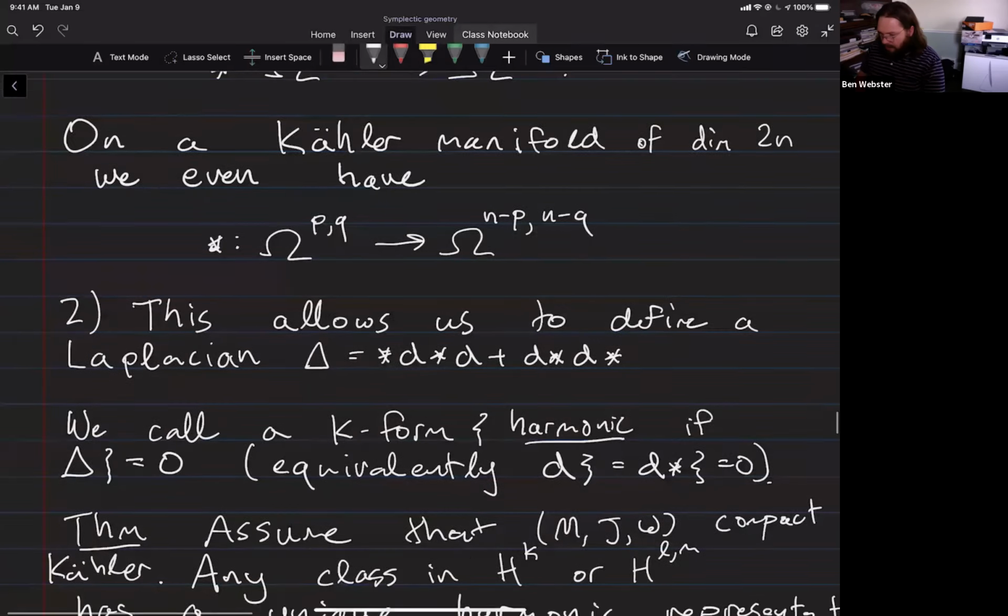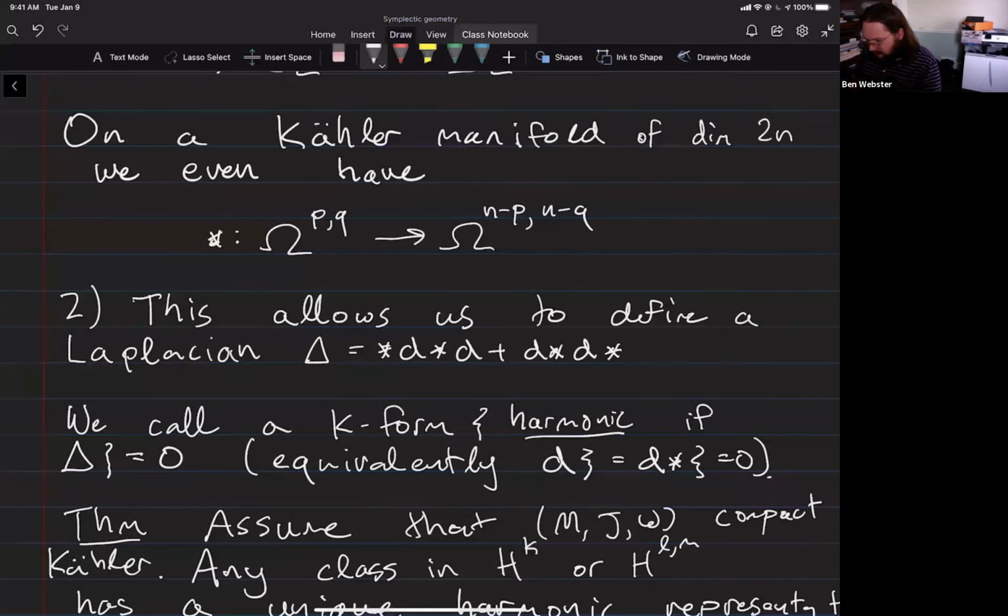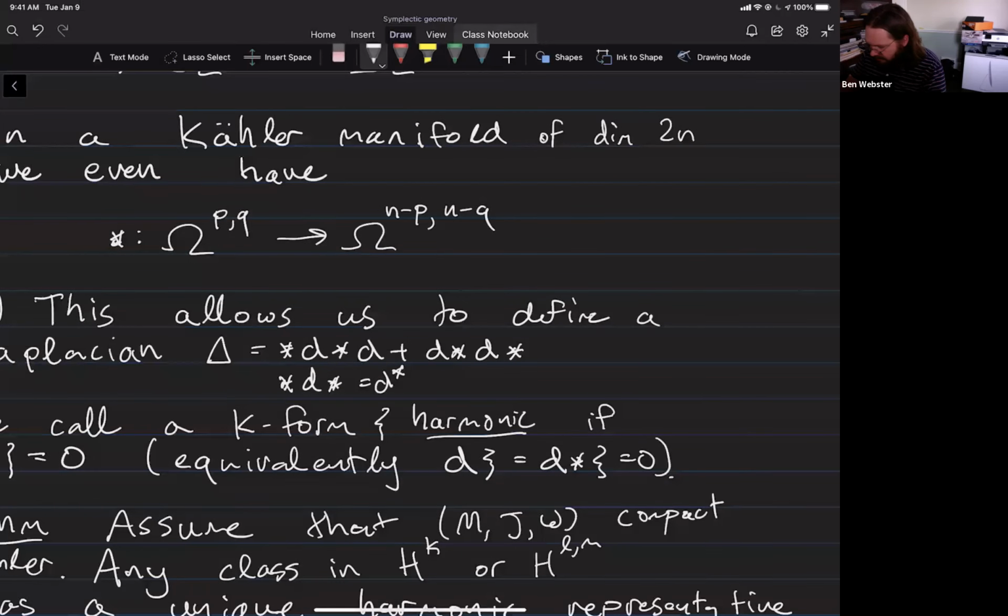Using the star operator, we define a Laplacian. Often you'll see people write this operation of star, take exterior derivative, and star again as d superscript star, or sometimes a d with a different style.